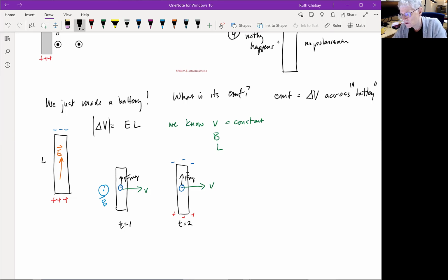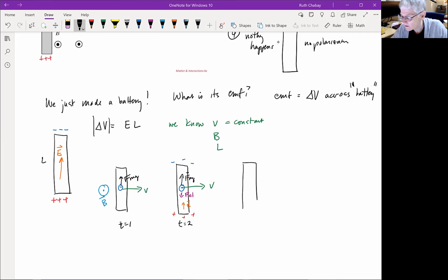But now there's actually a small electric field in the bar. It's not as big as it's going to be, but there's a little bit of an electric field, and so we're going to get a small electric force opposing this magnetic force.